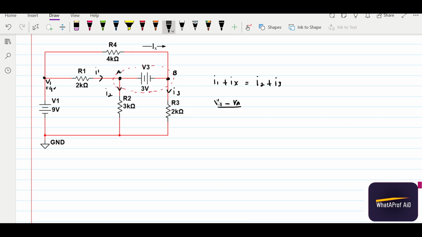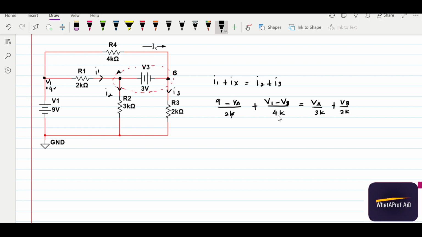V1 we can directly write as 9, since already given, over 2k, plus V1 minus VB over 4k equals VA over 3k plus VB over 2k.